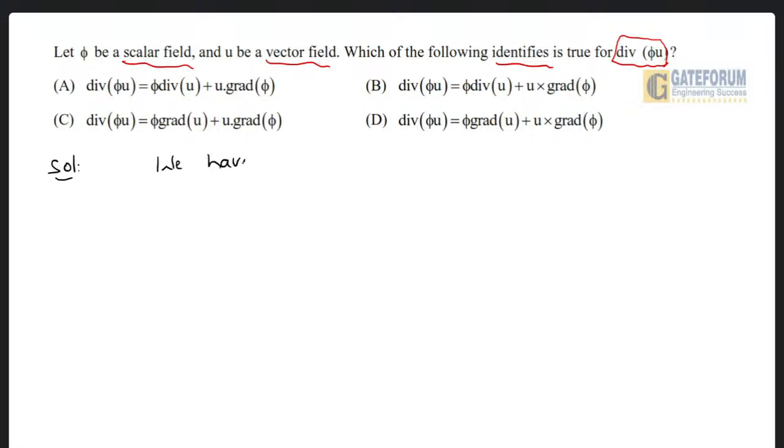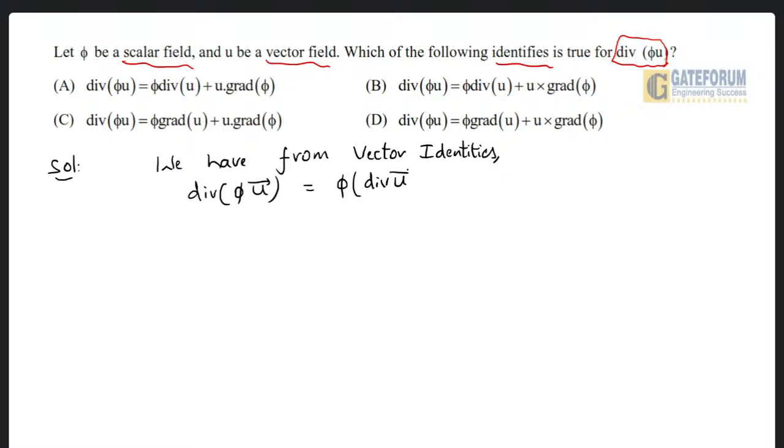we have from vector identities, div phi times u bar is equal to phi into div u bar plus u bar dot grad phi, or you can write grad phi dot u bar. Okay.